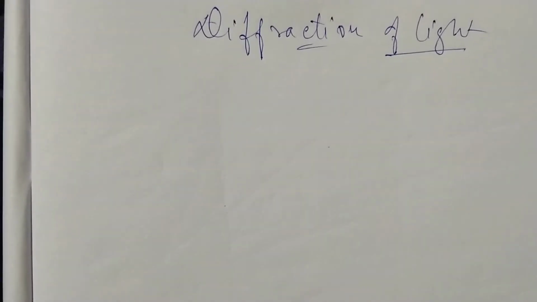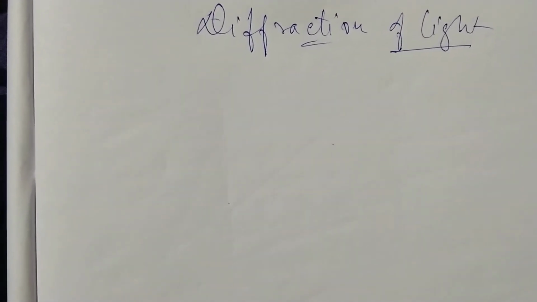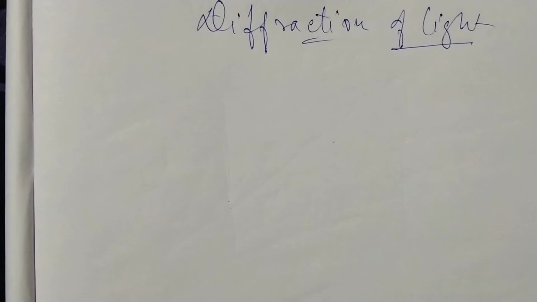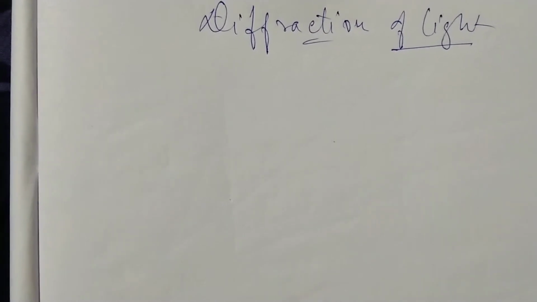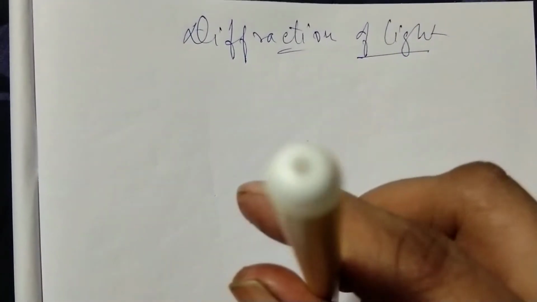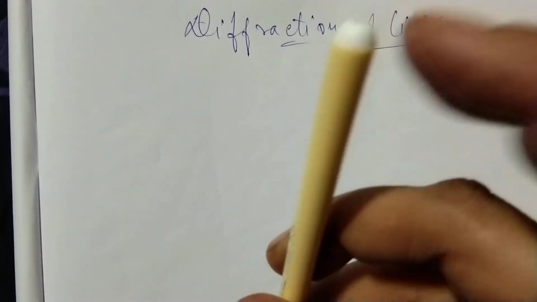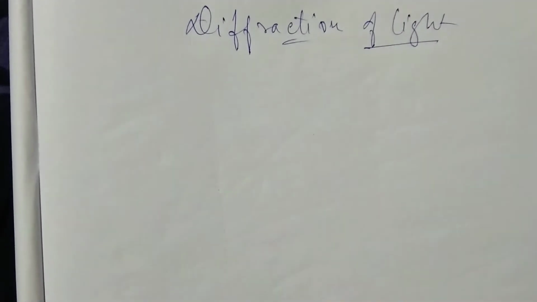Now diffraction means, suppose you have a wavefront, and you keep an obstacle on the path of the rays, so at the corners of the obstacle there is a bending of light.